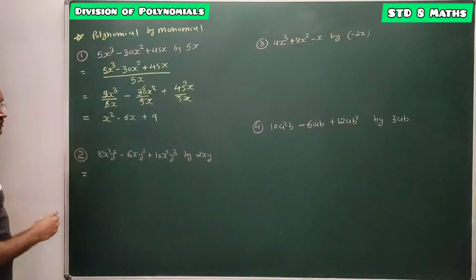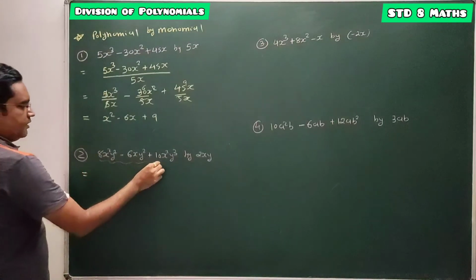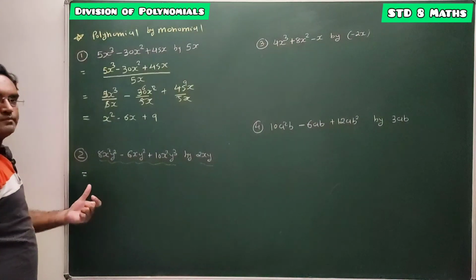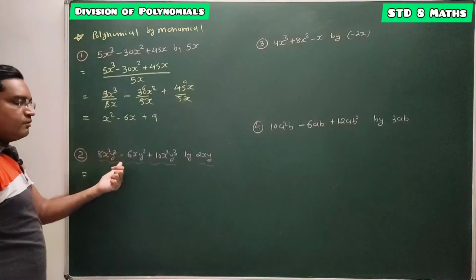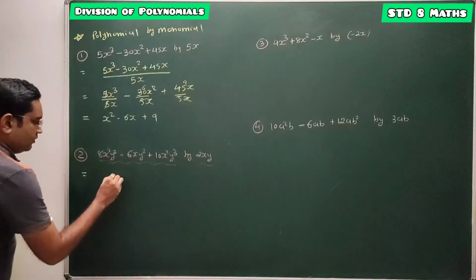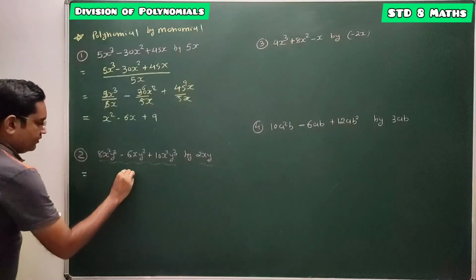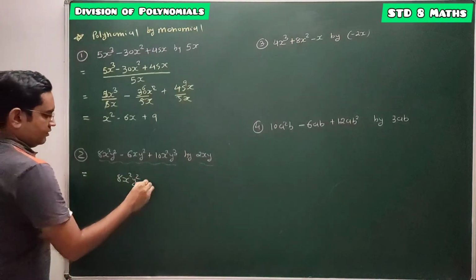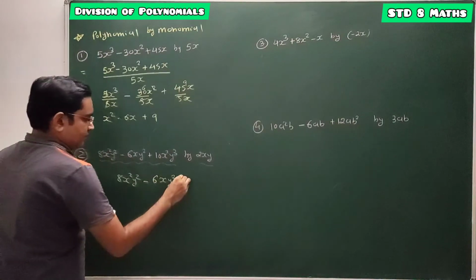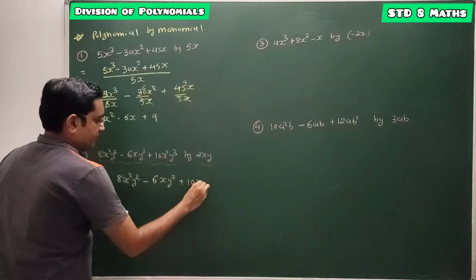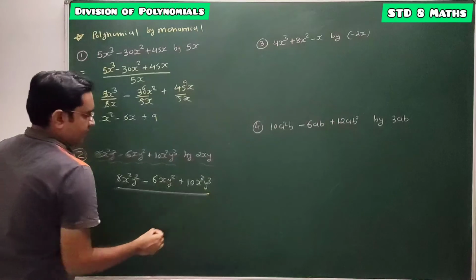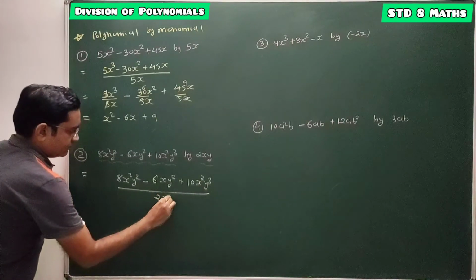Now for this one, again this is one polynomial, 3 terms are there. This is a monomial. So first you have to write these given polynomials, that is dividend polynomial and divisor polynomial, in numerator upon denominator form. So it's 8x square y square minus 6xy square plus 10x square y cube divided by 2xy.